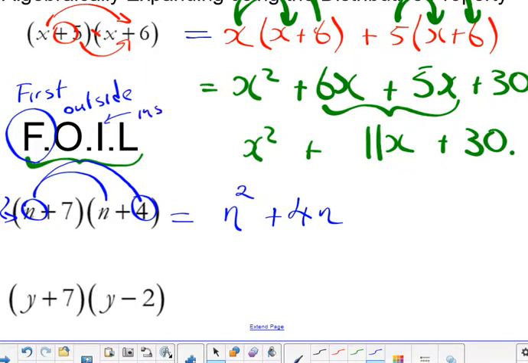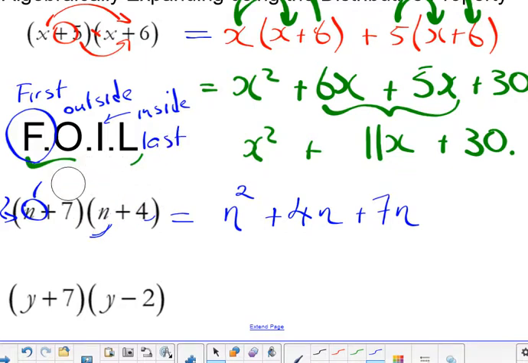Well, the I stands for inside, and so the two inside numbers, in this case the 7 and this variable n, we can write as 7 times n. So we've got 7 times n there, and then L stands for last, and that's going to be the last term in each binomial, which is 7 times 4, which is plus 28.